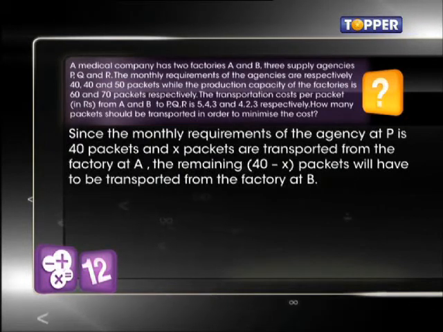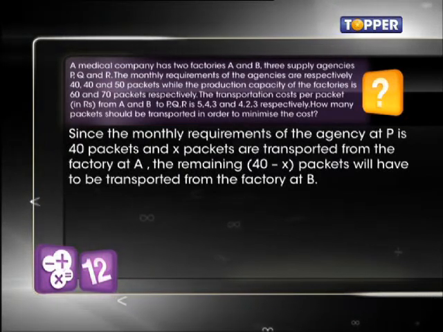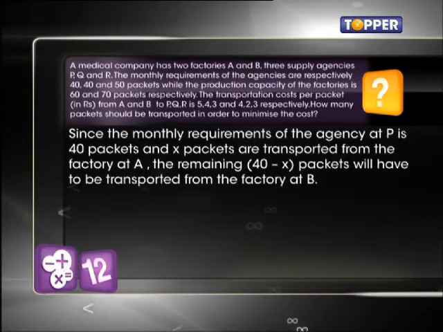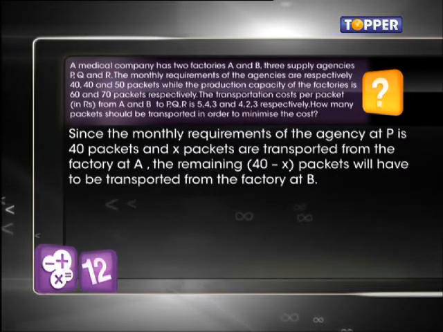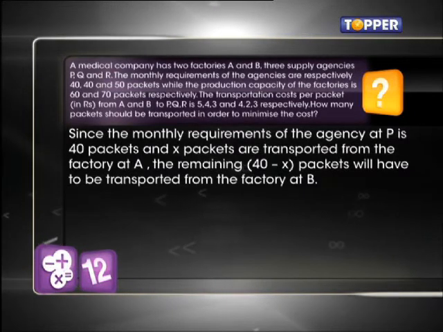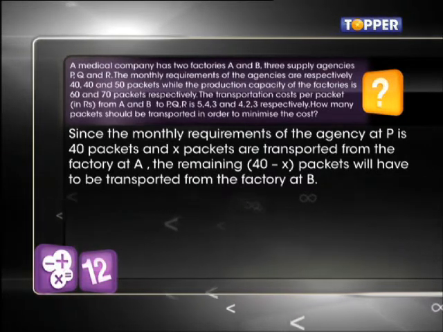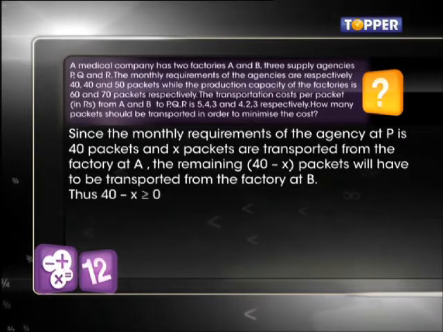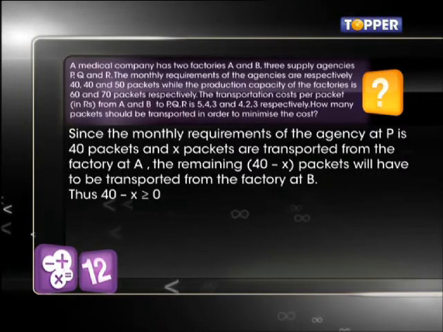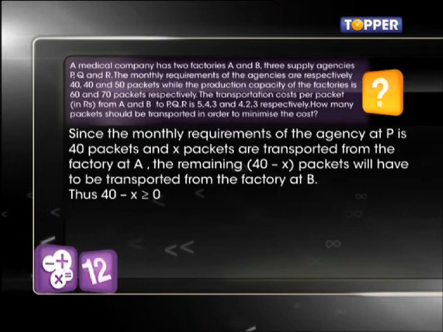Since the monthly requirement of the agency at P is 40 packets and X packets are transported from the factory at A, the remaining 40 minus X packets will have to be transported from the factory at B. Thus, 40 minus X is greater than or equal to 0.